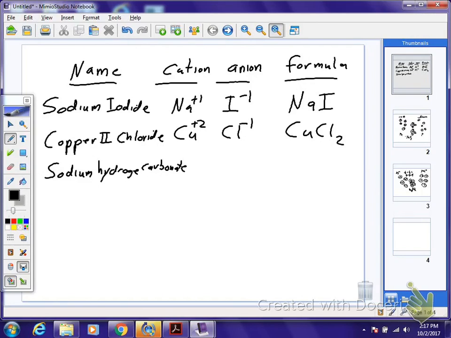Okay, I'm going to let you guys write in the cation and anion. So find those. Hydrogen carbonate is also known as bicarbonate. So write those 2 in, and then write your formula.